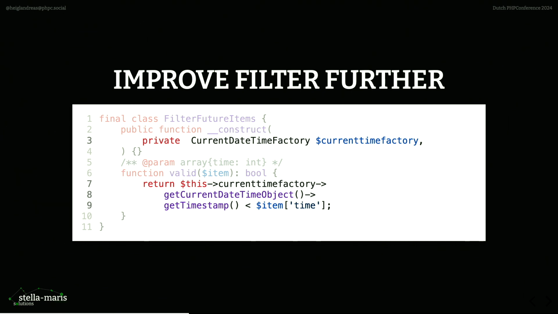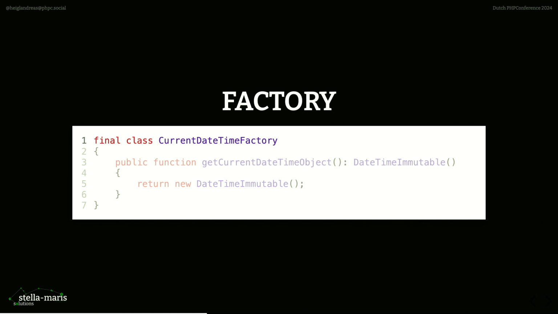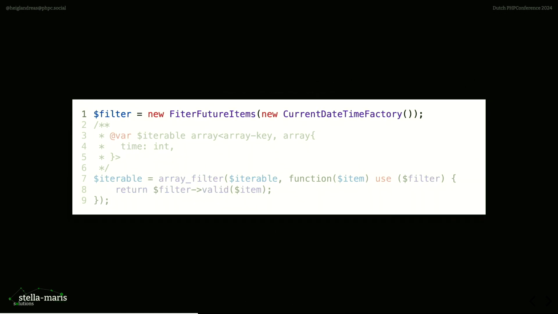So at this point, we get the datetime whenever we call valid, and not when we instantiated the object. Cool. So we create a new filter future items with our new current datetime factory and run the code. That's all that we need to change for that.